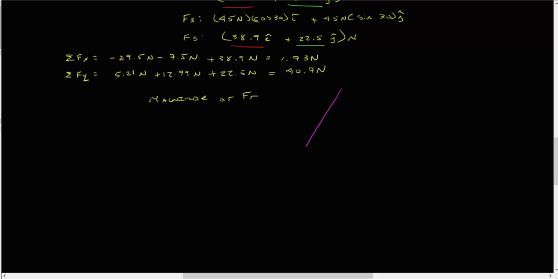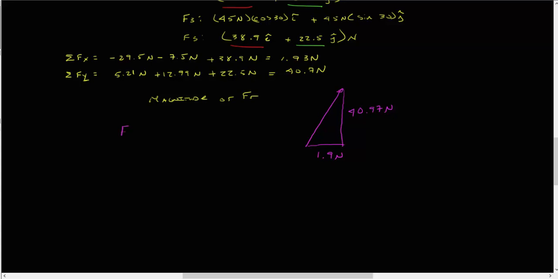Just to draw it over here, this is way off scale, but this would be 40.7 and this would be 1.93, and those are both newtons. Easy enough, we can use our Pythagorean theorem to find our resultant force.